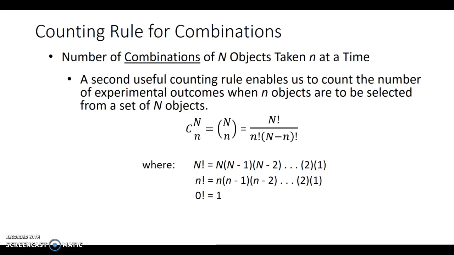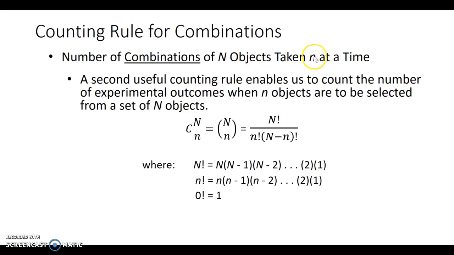The other one could be blue, white, or green. Okay? So we want to know the different combinations of shirt colors that we could pick from 10 shirts, 2 taken at a time. So 10 would be the number of objects. Little n would be the number of objects that are taken at a time from these bigger N objects, the number of shirts.